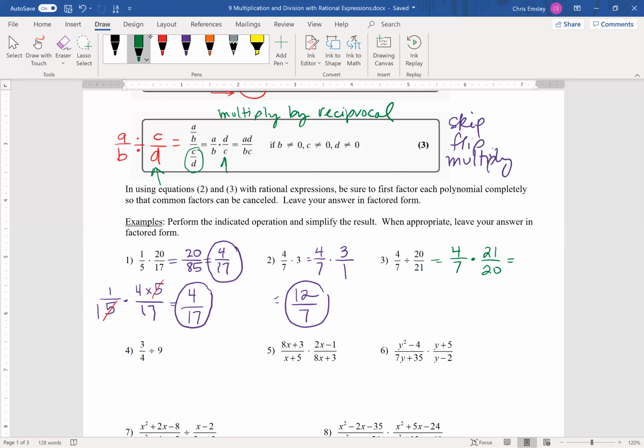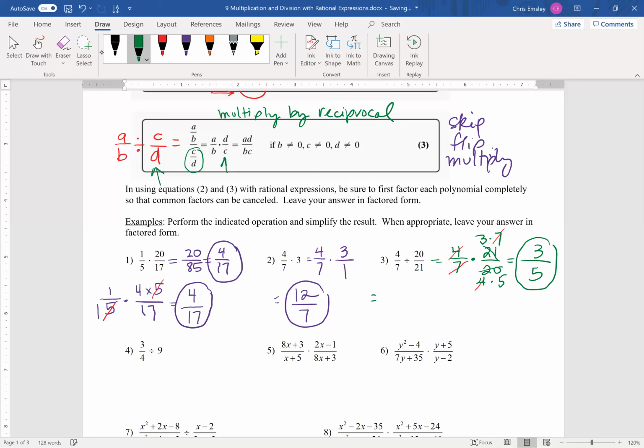If we want to simplify now, we could rewrite 21 as 3 times 7, and we could rewrite 20 as 4 times 5. Then you can see we get some nice canceling going on. The 7s cancel each other out. The 4s cancel each other out. What we're left with up top is just the 3, and on the bottom is just the 5, so 3/5 would be our answer.